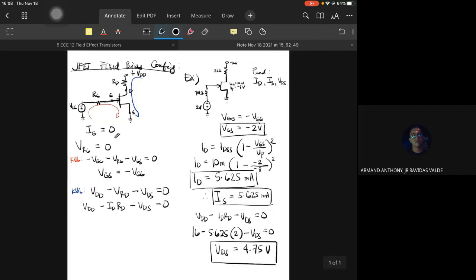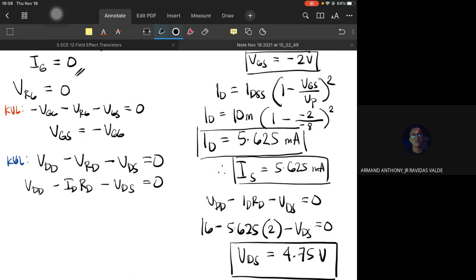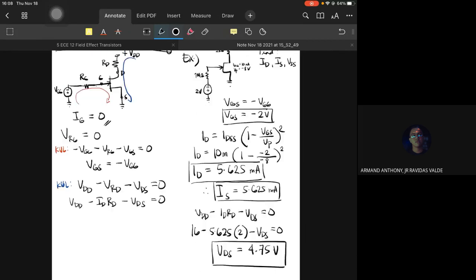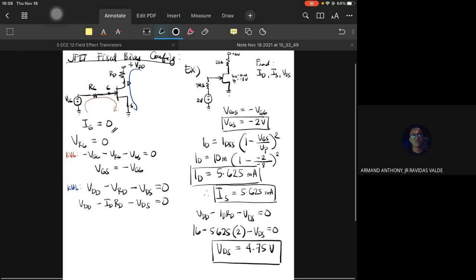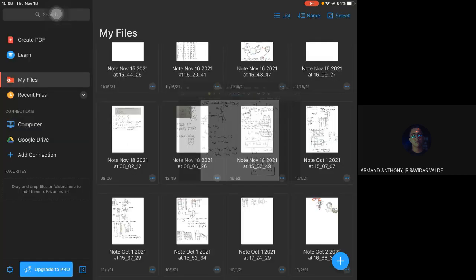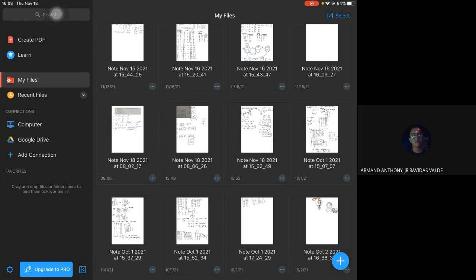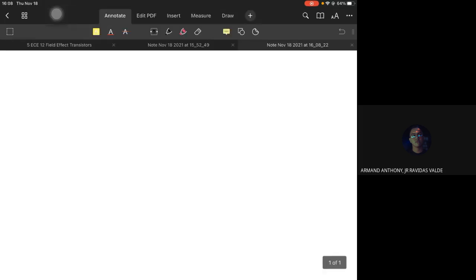That's why ID is equal to IS. Alright? Understood? Yes, sir. Okay. Fixed bias is this simple.